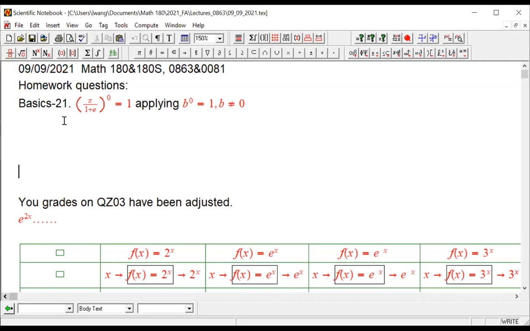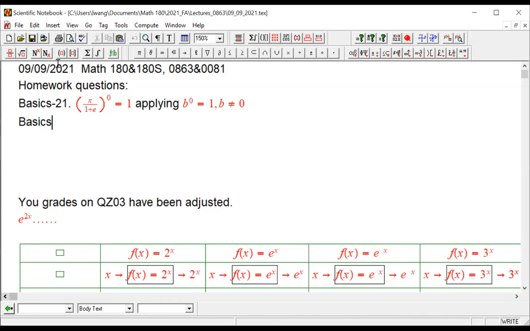Can we do one from 22? Of course. Do one on basic 22? Of course. Which one? Your pick. Can we do number 14?